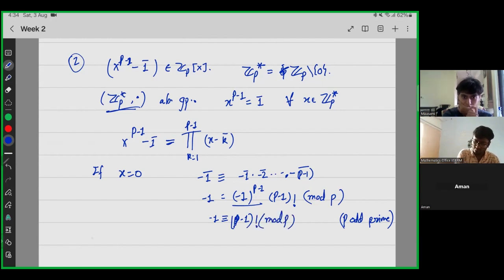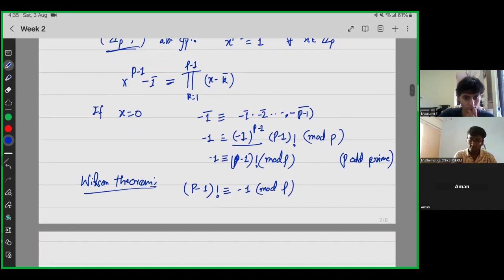So this is Wilson's theorem, that (p minus 1) factorial is congruent to minus 1 mod p.